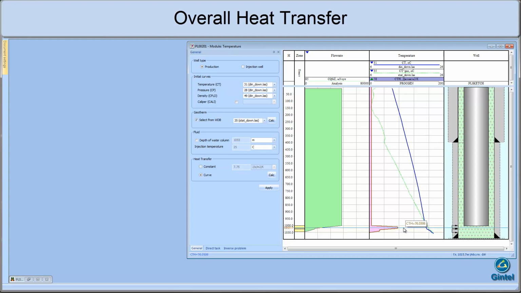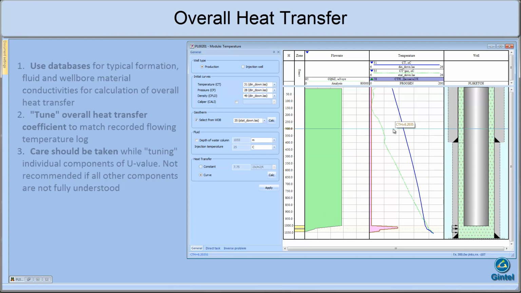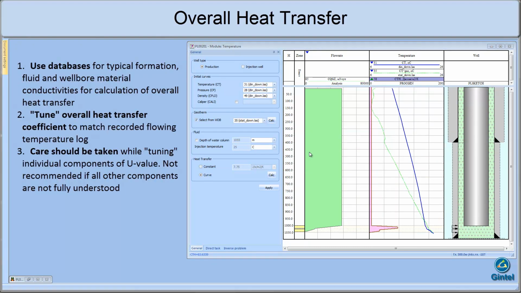Then, further upstream where the annulus exists, it provides a better constant resistance to heat flow from the wellbore, and the U value decreases to around 6 joules. Right, at the end I would like to stress a few important points about the U value parameter calculation.